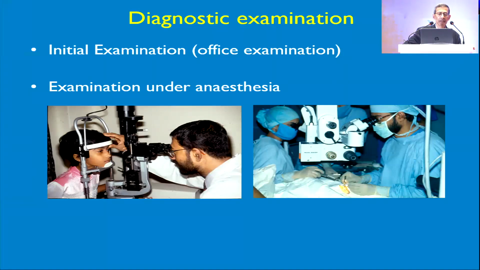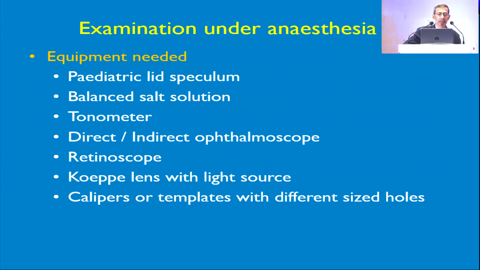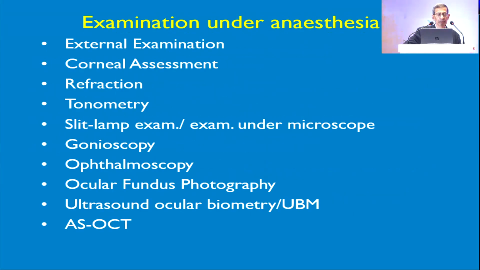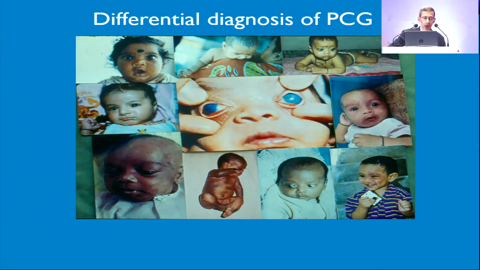An initial examination in the office is mandatory, and in cases where examination under anesthesia is required, we should be able to do the examination and establish the diagnosis. We should proceed with a very meticulous and detailed method of evaluation under anesthesia, and proper equipment should be available, like ultrasound evaluation, UBM, etc. These are the differential diagnoses of conditions associated with epiphora, blepharospasm, and photophobia.